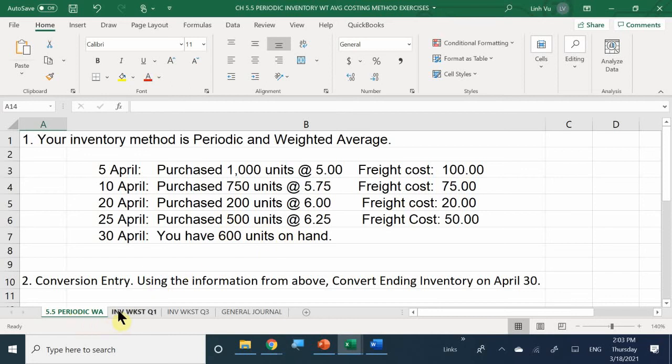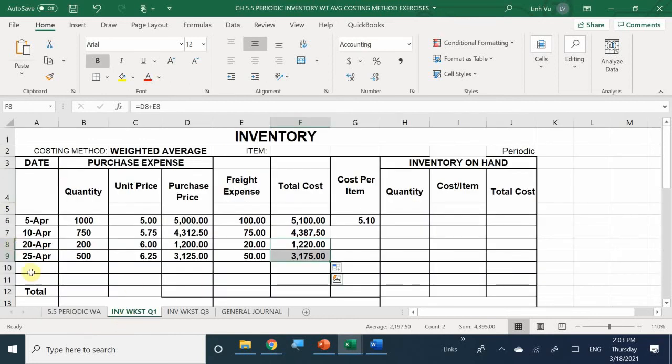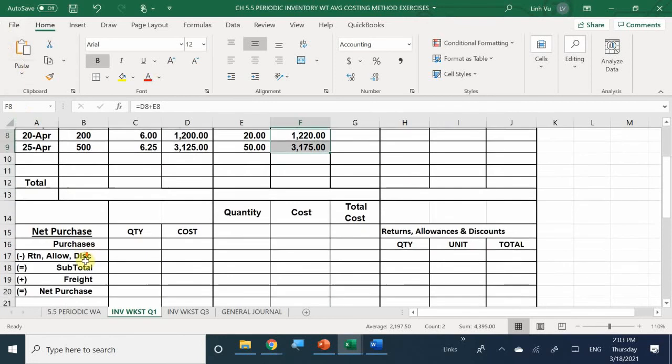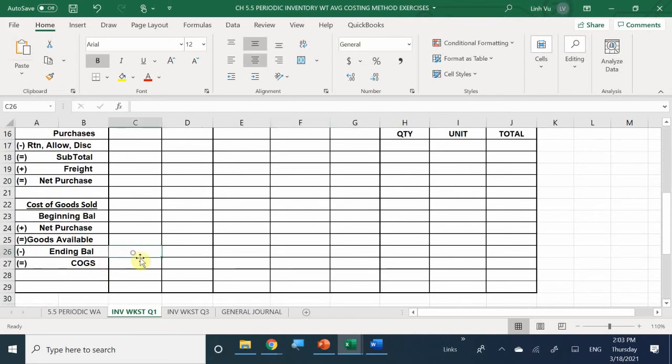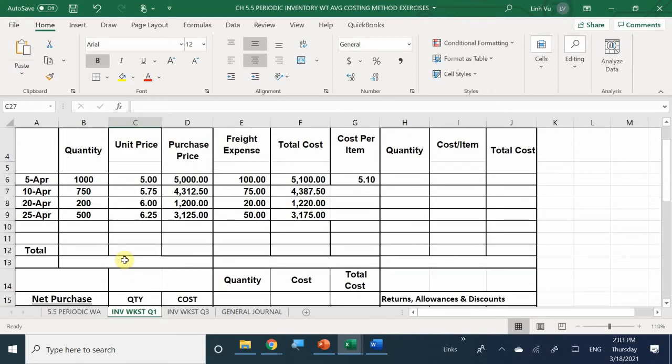So that means I reached the end of my given period, because I had someone go down to the basement and calculate how much there was left. So I should have a total of 600 in my ending inventory. Now let's take a look at this. What's the first thing that we have to do?